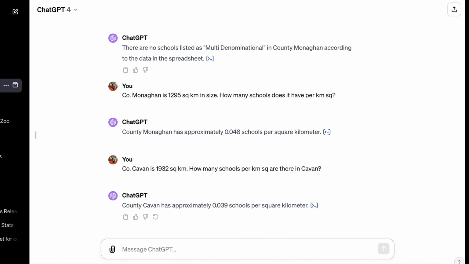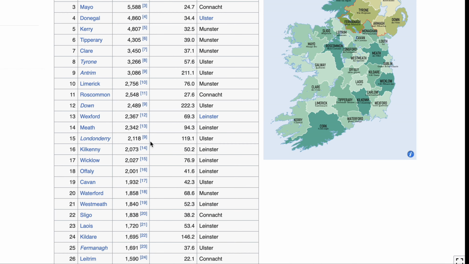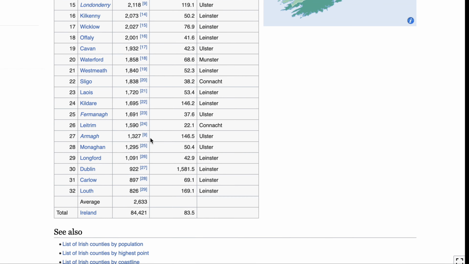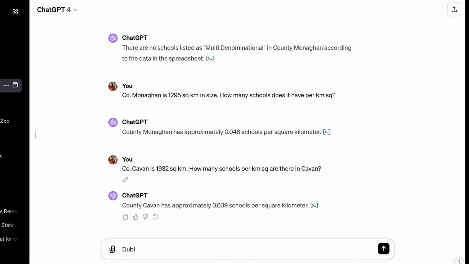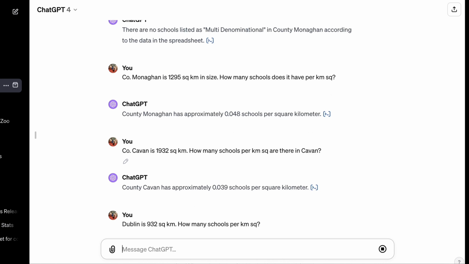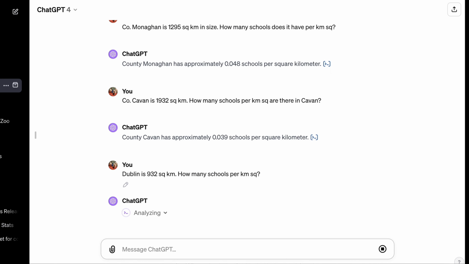And you'd ask questions around that, because you can probably do the same thing then if you want to go to Dublin, which is a very small county as well. And you can start using this for educational reasons, I suppose. Dublin is actually the third smallest county in Ireland. I don't know if people know that. So Dublin is 932 square kilometres. How many schools per square kilometre? And let's see what they say here.